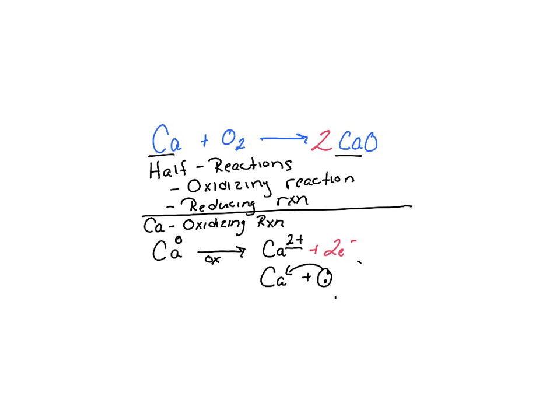Because what you're saying is now you have calcium that had 18 electrons, and you're making it to where it has 20 again. So it went from a 2 plus to a neutral charge. So we balance the reaction by adding 2 electrons right here.